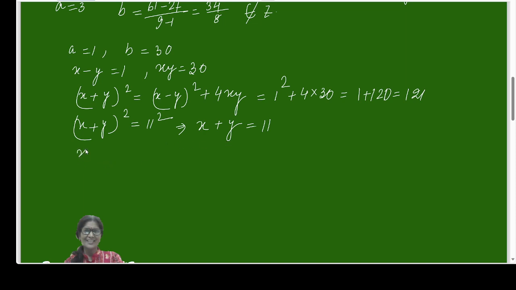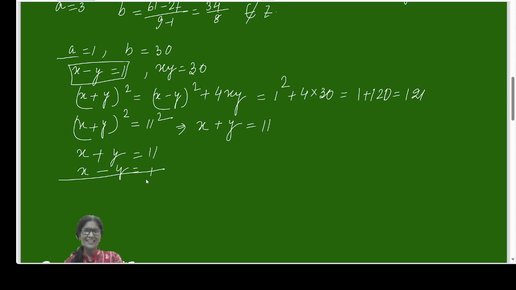So x plus y is equal to 11 and x minus y is equal to 1, since a is 1, and I took a as x minus y.